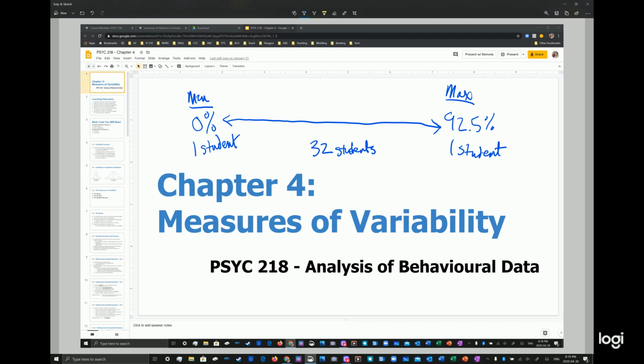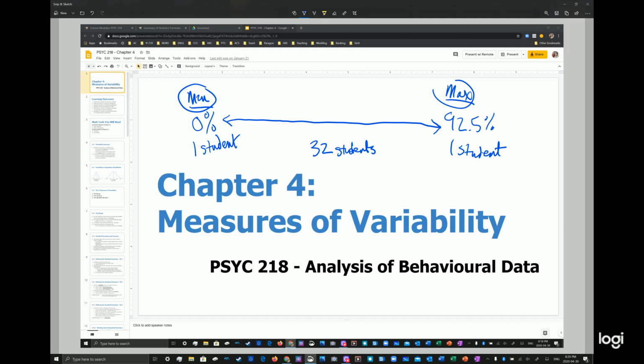Just like in the last chapter, we had different measures for central tendency to answer questions about the expected value. Now we're going to answer questions about spread. That is how wide the distribution is, how far the scores spread apart. Not just between the maximum and the minimum, but also how far they are apart from each other.